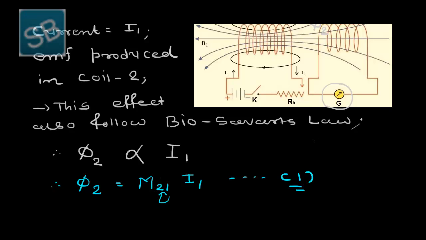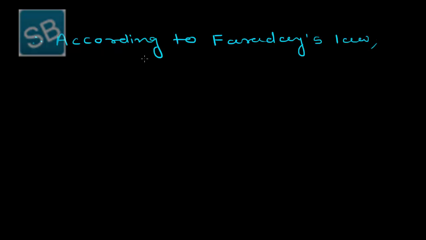So according to Faraday's law, the induced EMF in coil 2, I am giving it as epsilon 2, is equal to minus d phi 2 by dt, because we only need the change in the flux of coil 2 with respect to time.